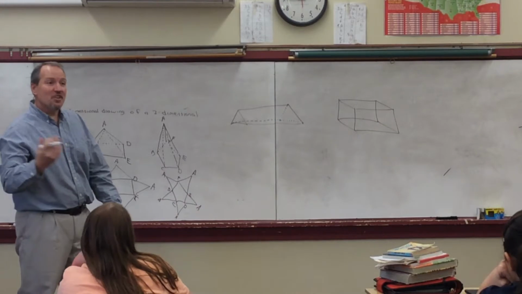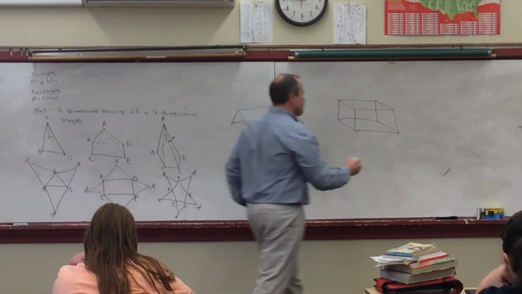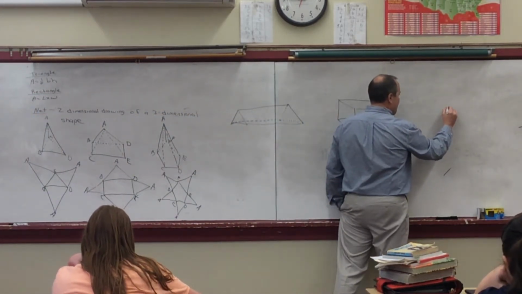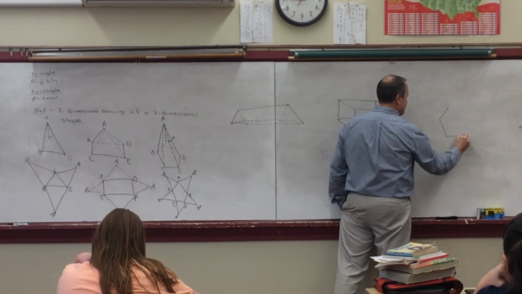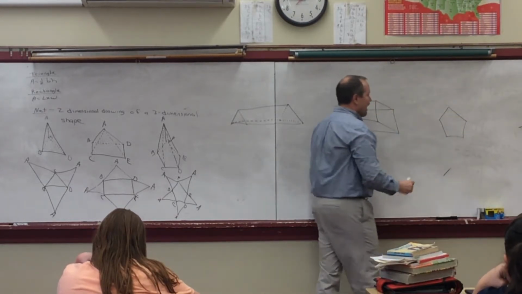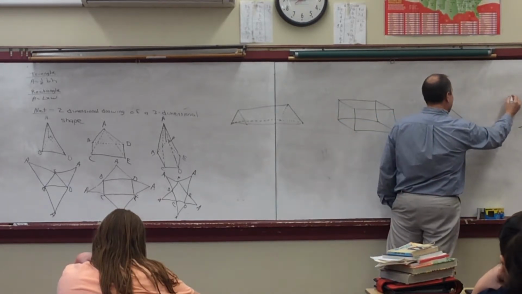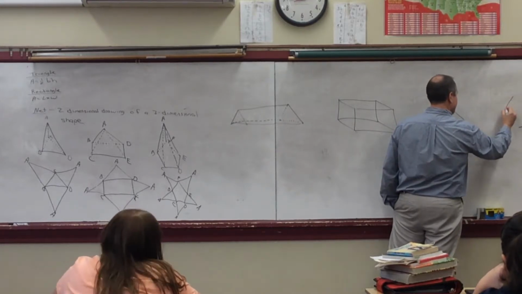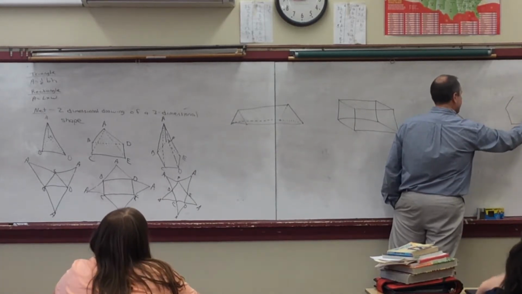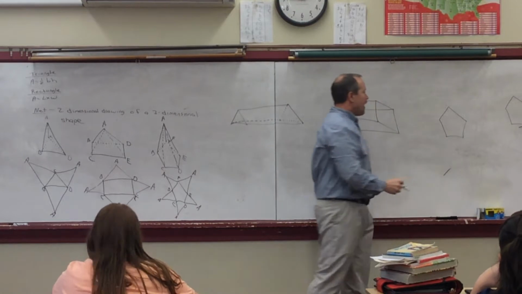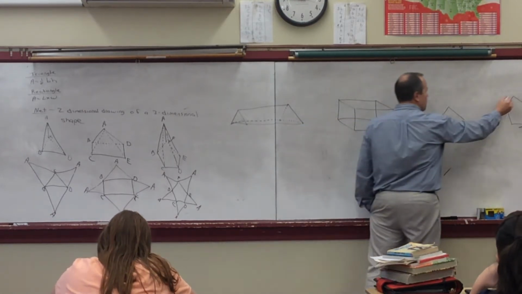Okay? Now, if you want to draw a pentagonal prism, you're going to draw a pentagon. And then you're going to draw another pentagon slightly above it. And then once again, we're going to connect the corresponding points.